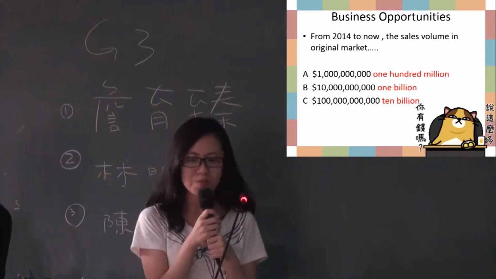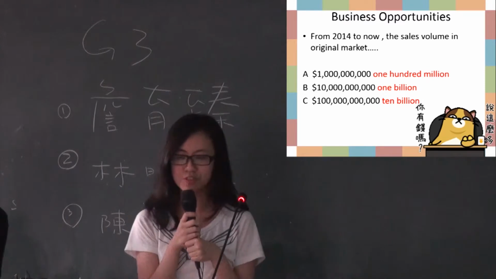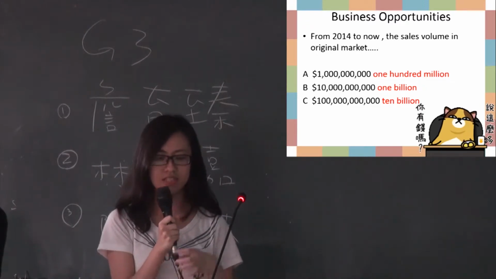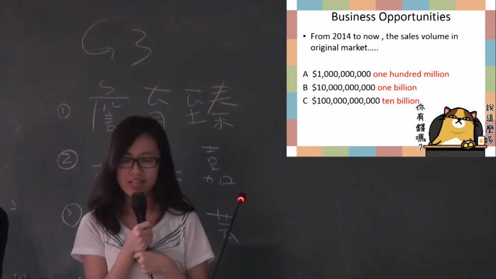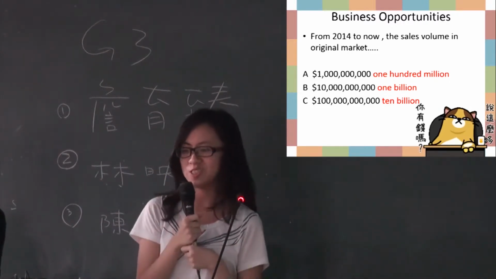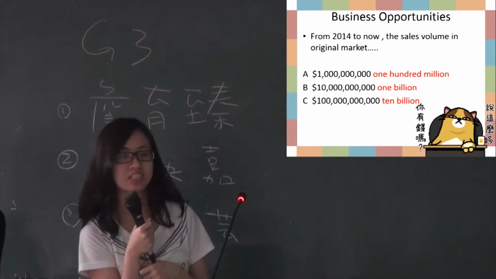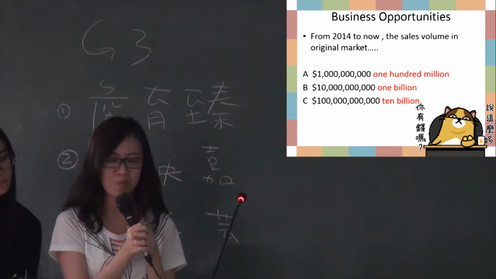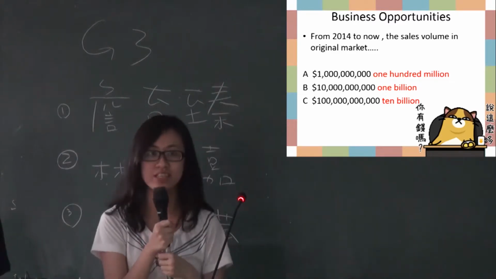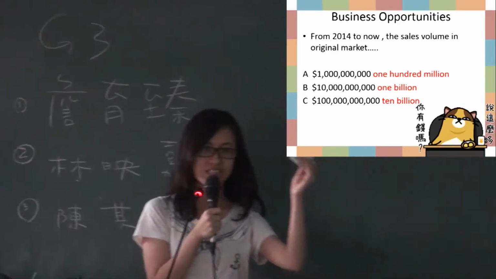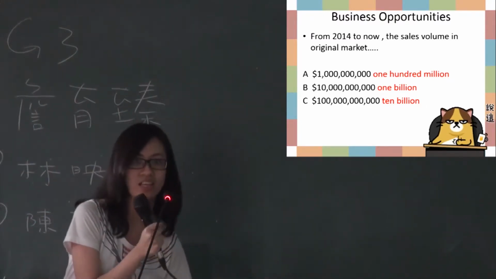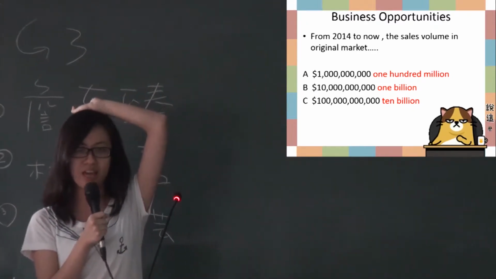And the business opportunities from 2014 to now, the sales volume in the original market is A, B, or C. Which one? A is 100 million, 就是1亿元，B is 1 billion, 10亿, and C is 10 billion. Only in the original market, from 2014 to now. Do you know that? Can you tell me A or B or C?